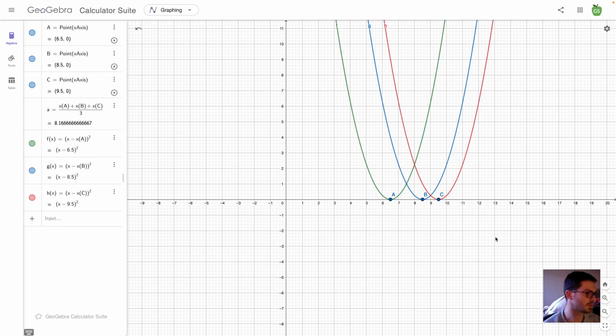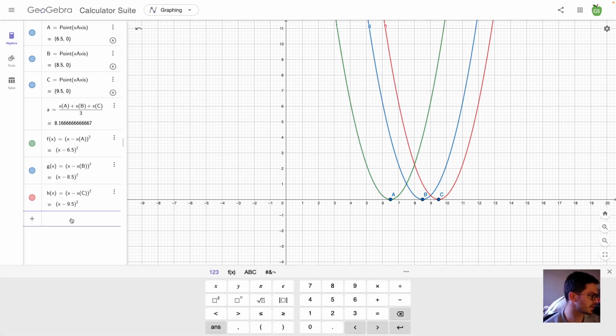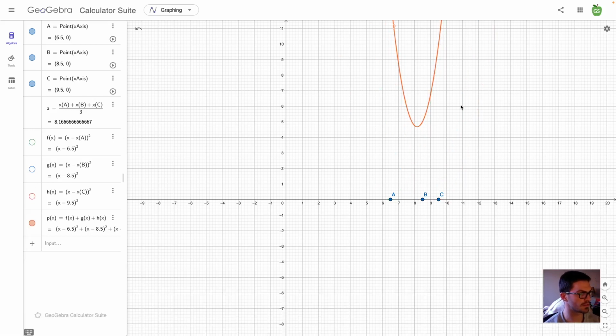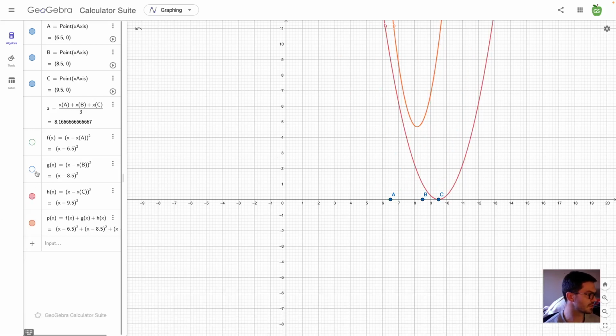Let's add them together, because that's the total error: f of x plus g of x plus h of x. Now if I hide these, this is our total error surface, and it's just the sum of these things.